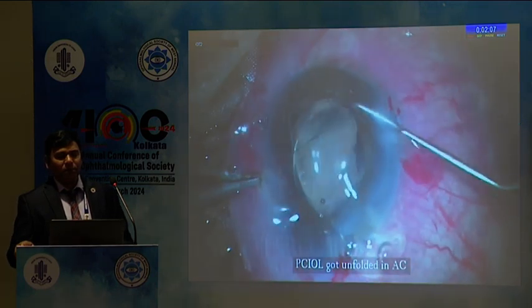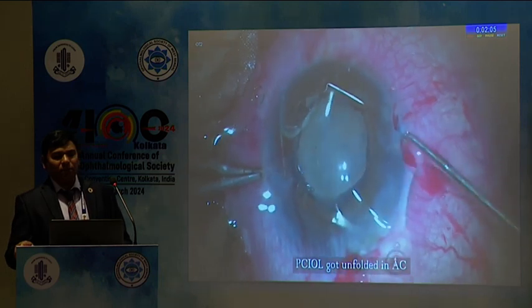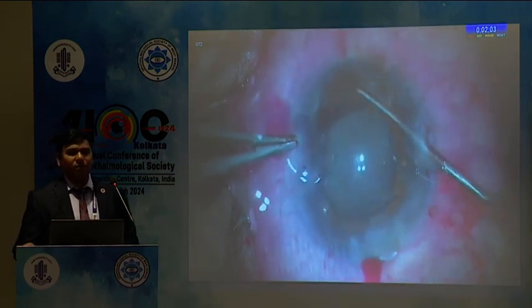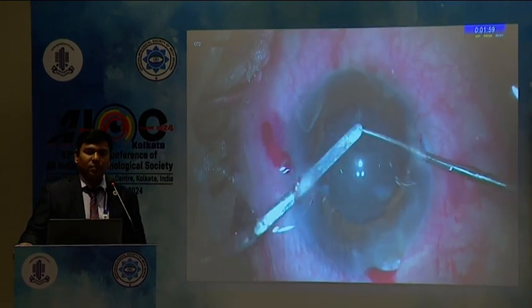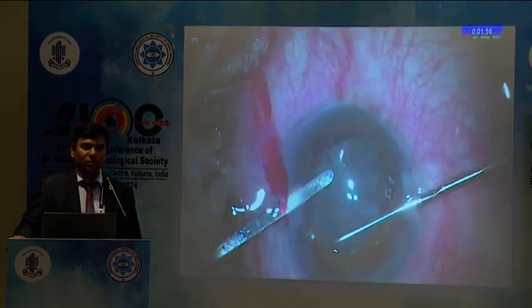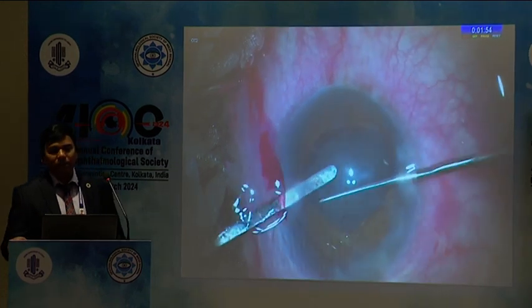And then I tried to inject the foldable lens. But the lens was very bulky, so it refused to go into the bag after repeated attempts.